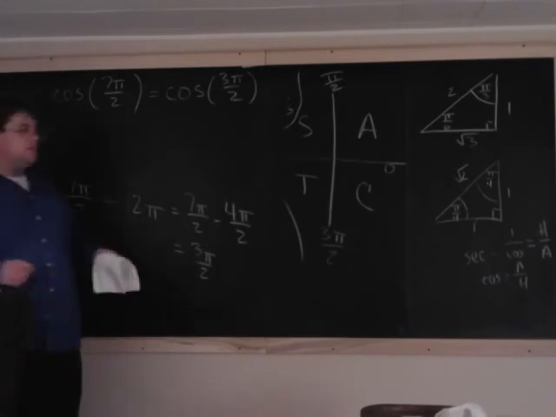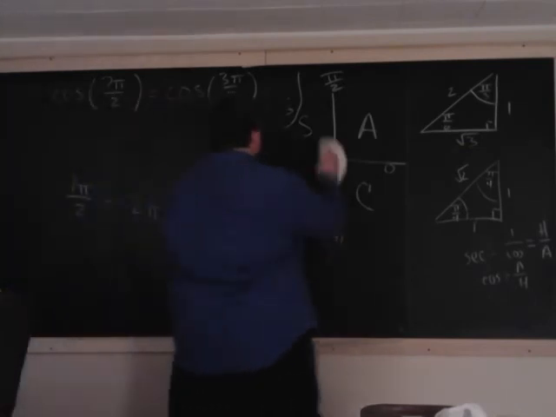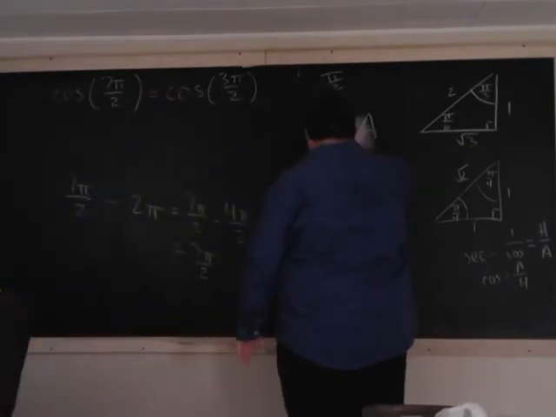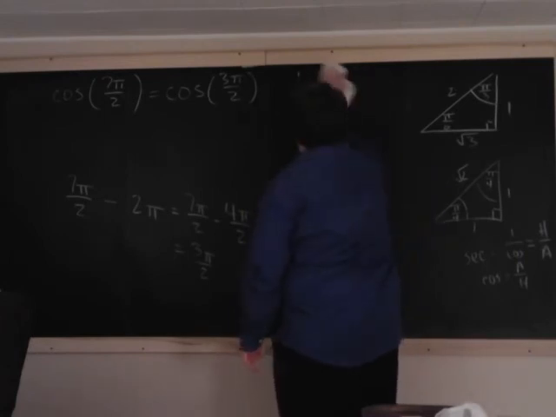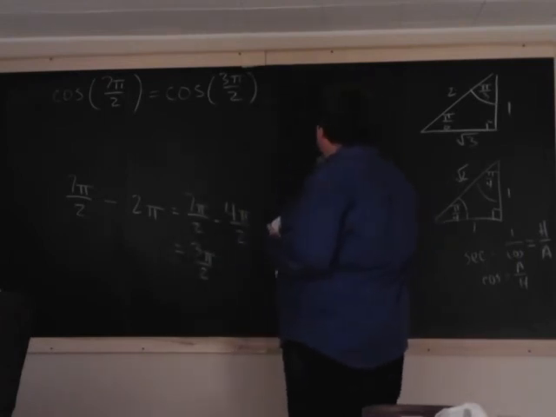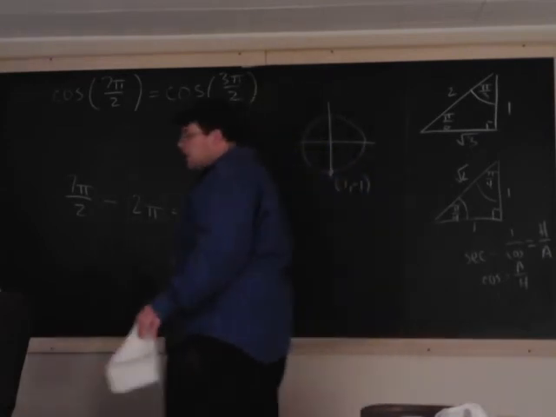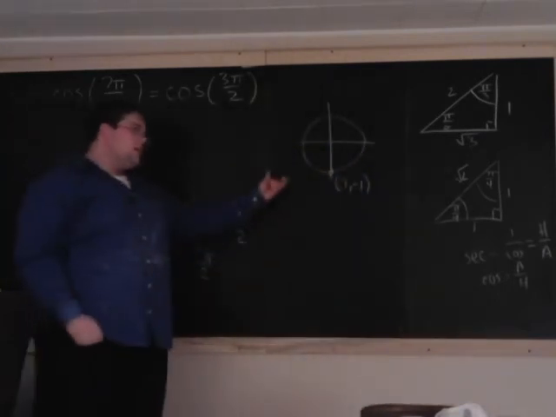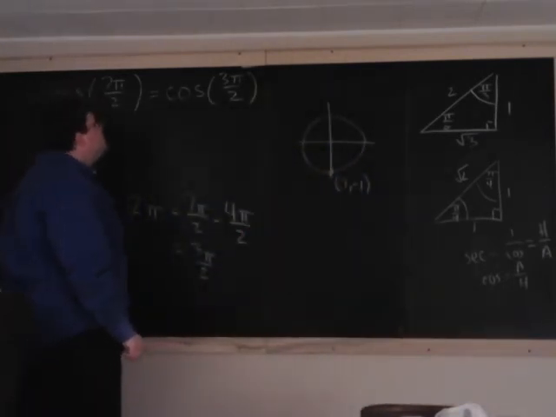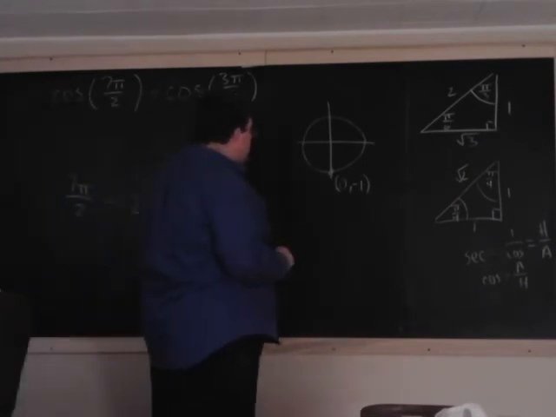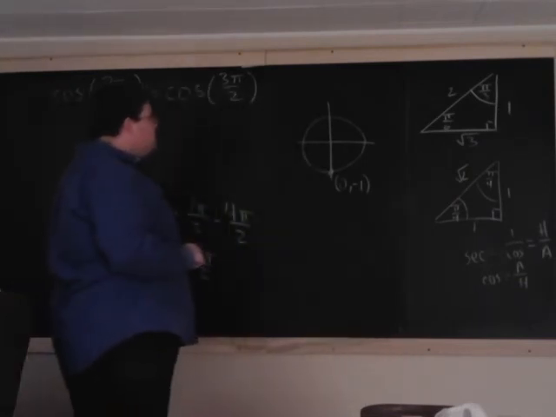So all we need is the unit circle to figure this out. So using the unit circle, let's draw that. I've drawn the unit circle a lot of times. I wouldn't be surprised if I've drawn the unit circle like that 1,000 times in my life. So where am I? We want cosine of 3 pi over 2.